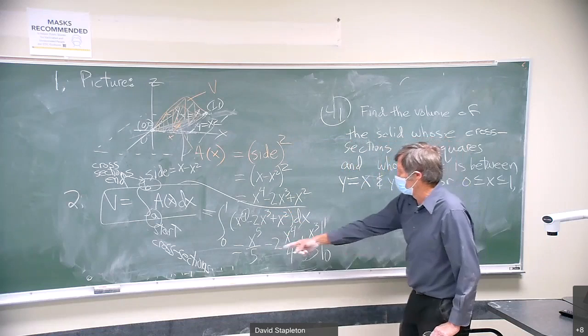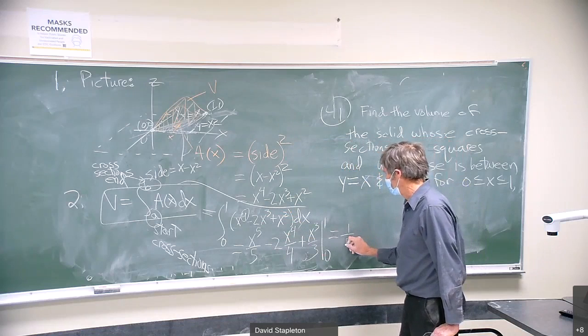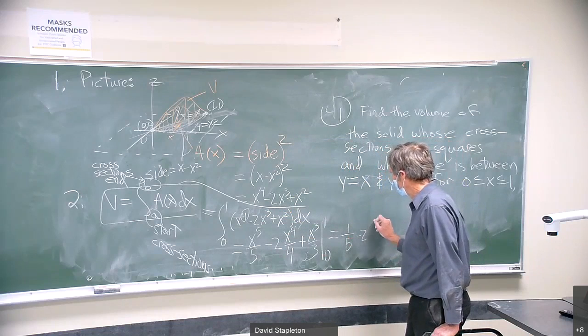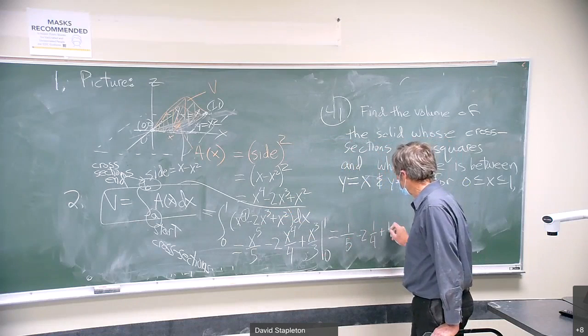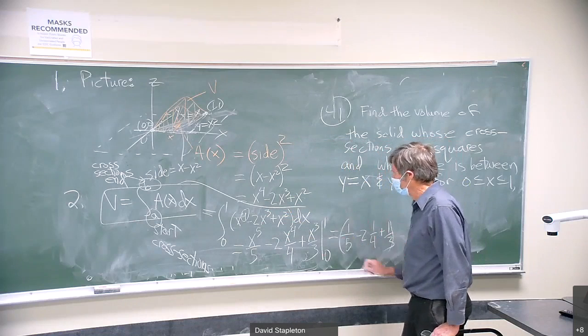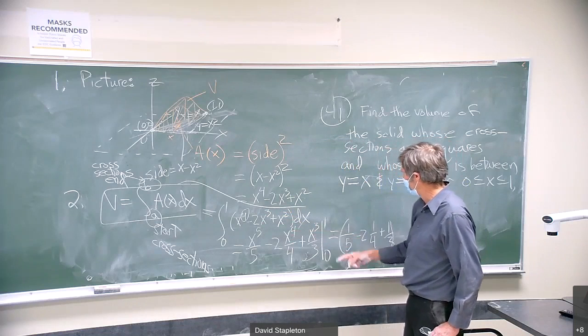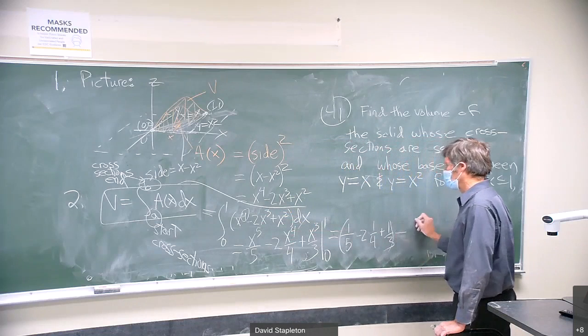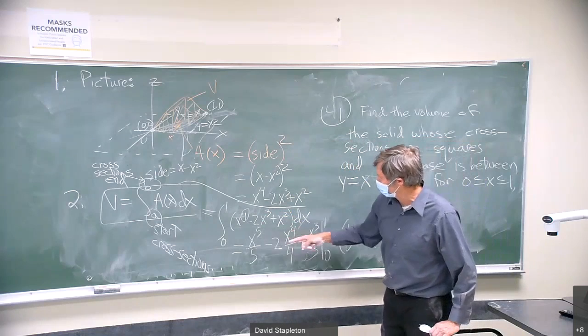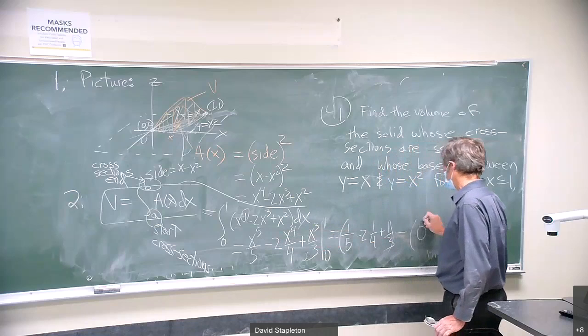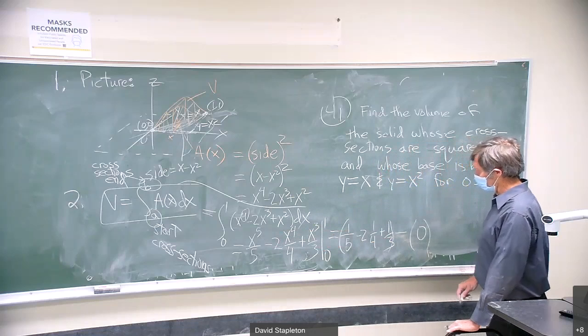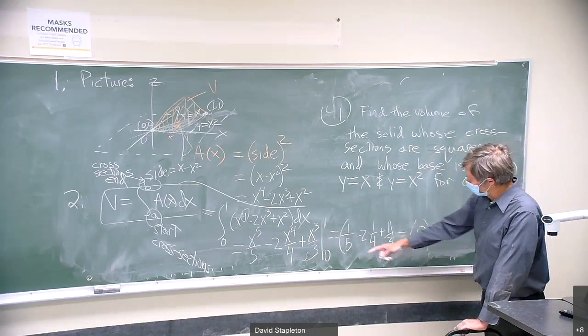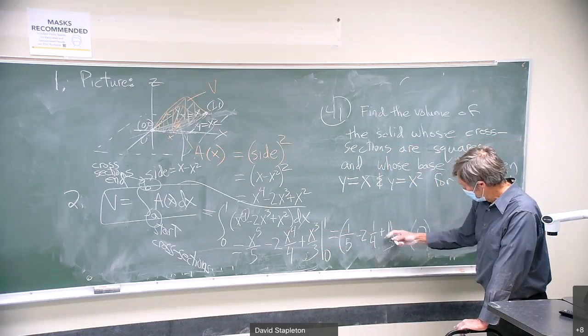So I'll plug in 1, and I'll get 1/5 minus twice 1/4 plus 1/3. Right? 1 to the fifth, 1 to the fourth, and 1 to the third are all equal to 1. And then I'll subtract each of those at 0. 0 minus 0 plus 0 is 0. That evidently is the volume of the solid. Let's see, 1/5 minus 1/2 plus 1/3.